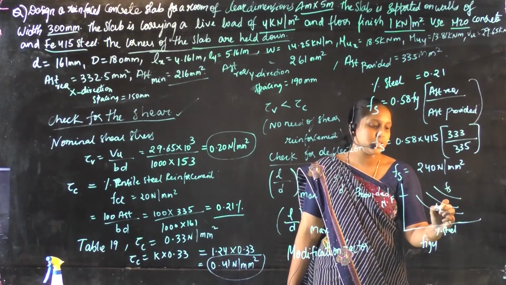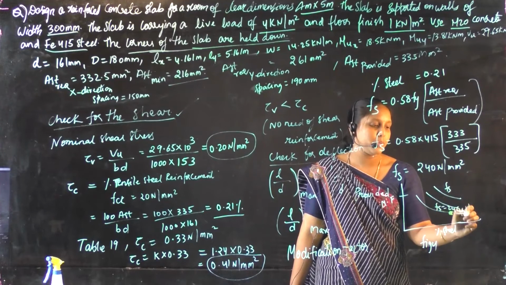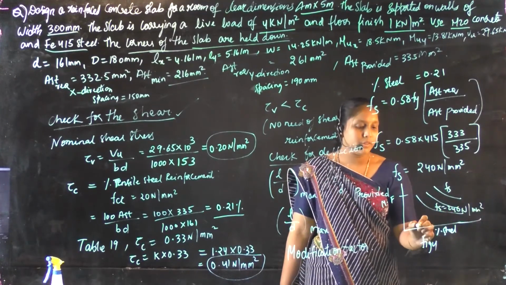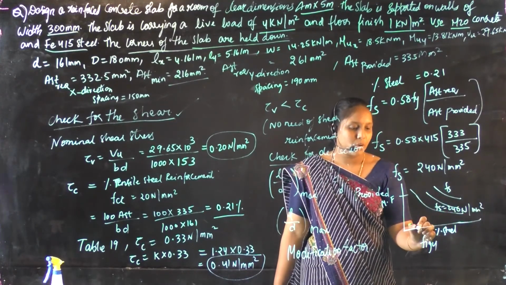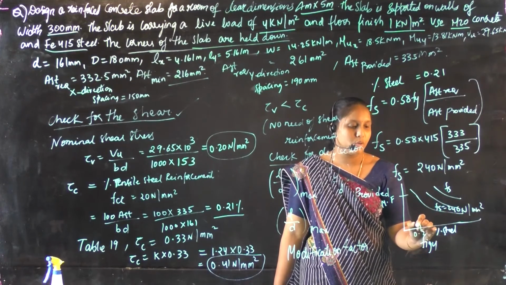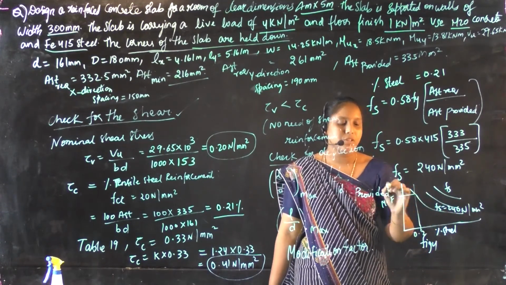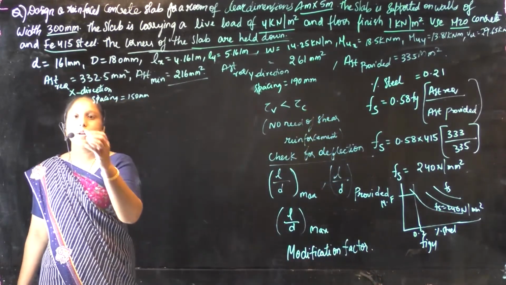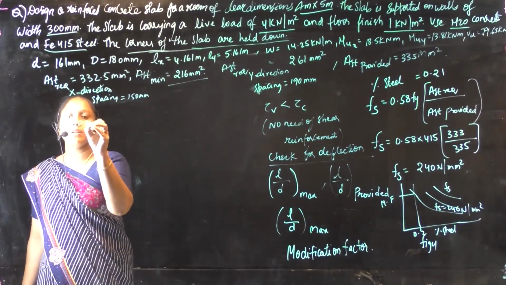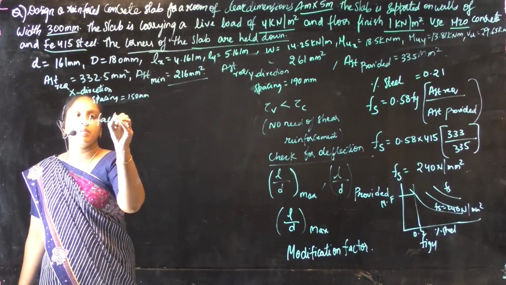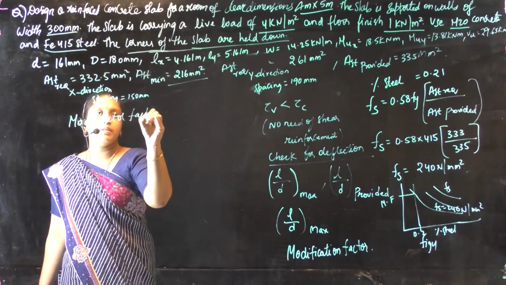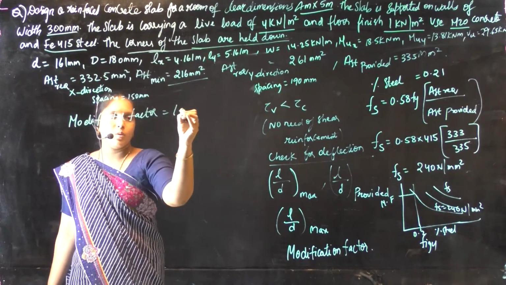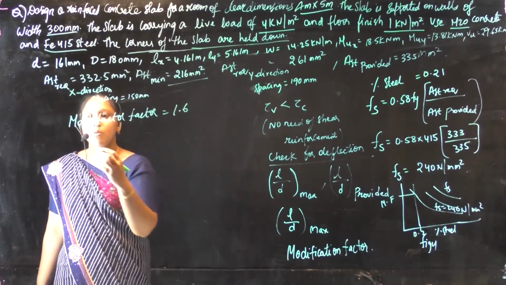Suppose Fs is somewhere over here, which is 240 Newton per mm square. Corresponding to this percentage of steel, if somewhere here it is 0.2, you take the modification factor of this particular value. From that you will get the modification factor as 1.6.